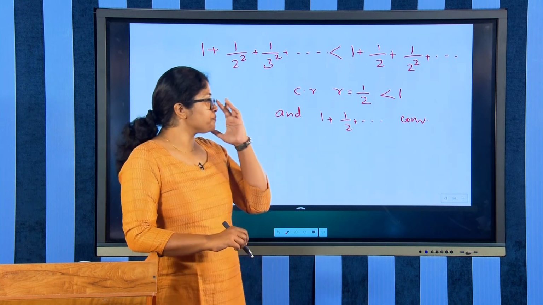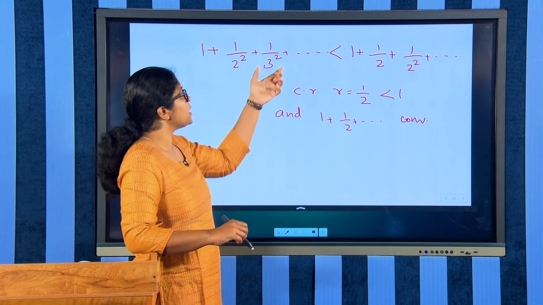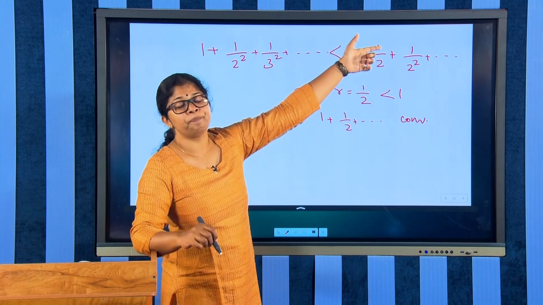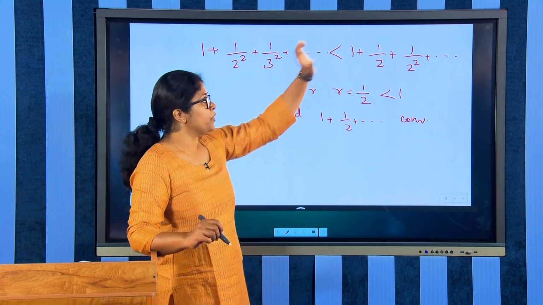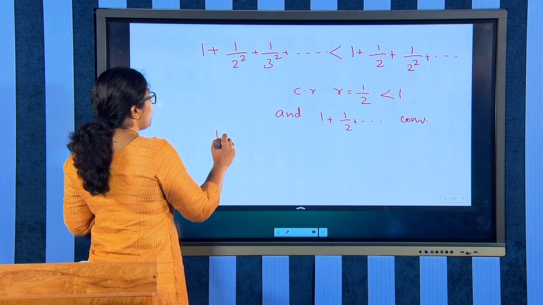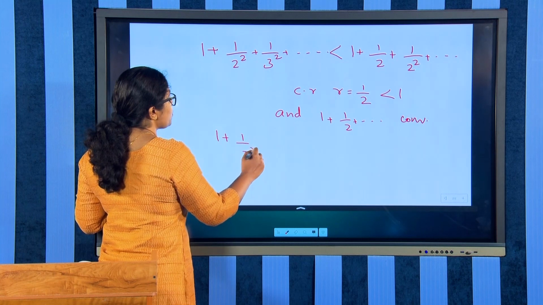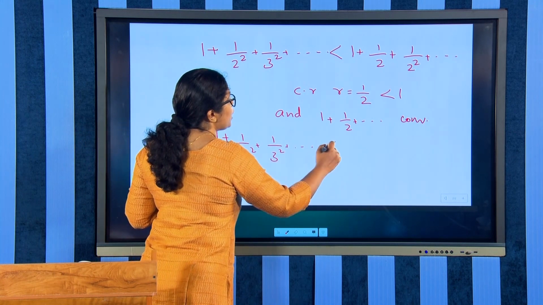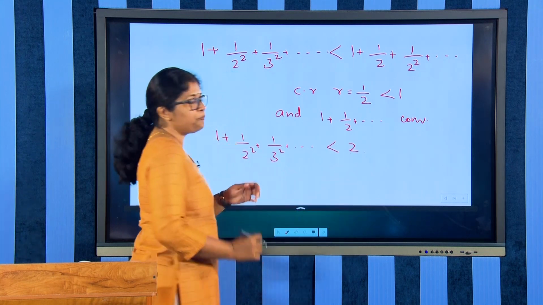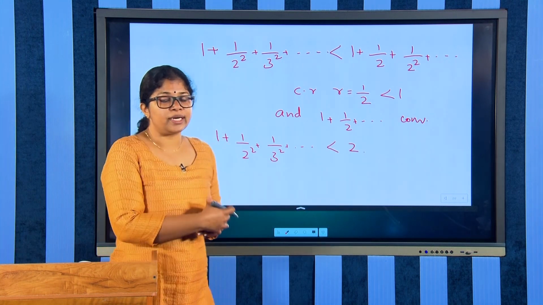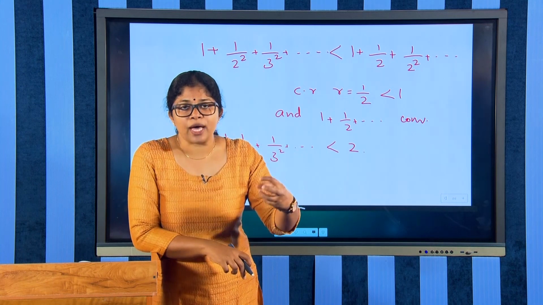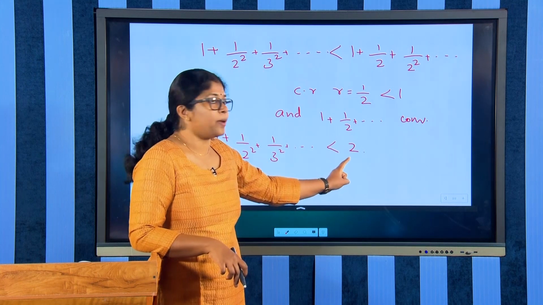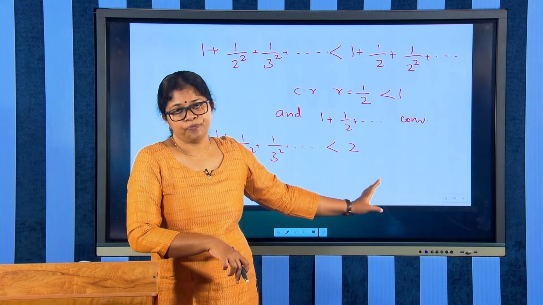So, we can see that this is a series which is bounded above by 2. So, we are getting the result that 1 plus 1 by 2 square plus 1 by 3 square plus etc. is bounded above by 2. Or in other words, the sequence of partial sums which we had discussed is bounded above by the number 2.